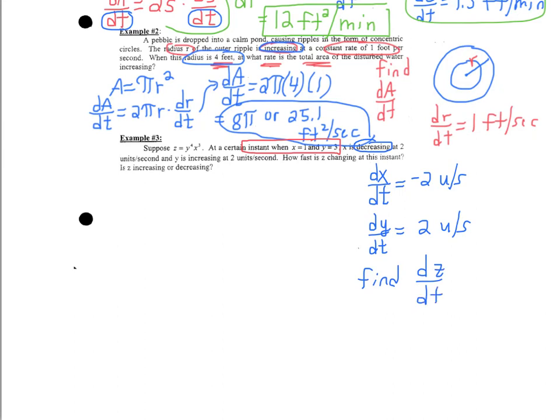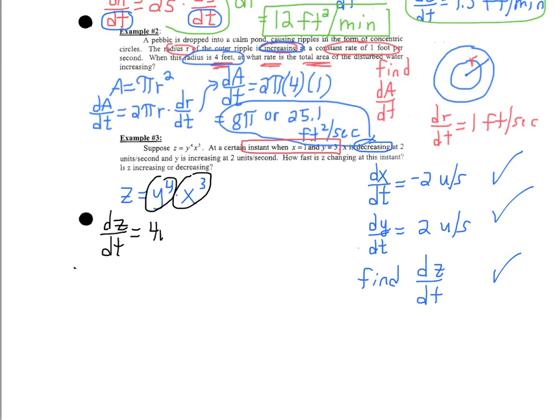So get in the habit again of writing down your givens and write down what it is we're trying to find. So they give us the formula relating these variables. So now we have to differentiate both sides. Integration, that'll be in a couple months. So the derivative of z, dz/dt equals, over on this side, think about which rule we're going to need to use. Hopefully you're thinking product rule.